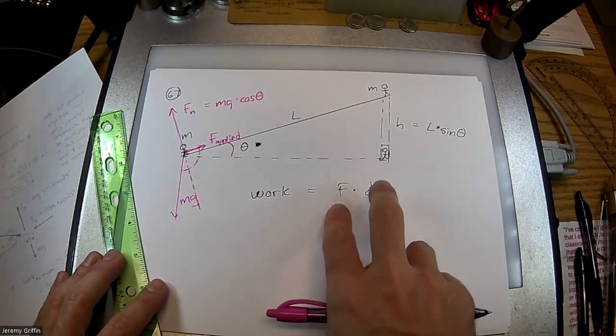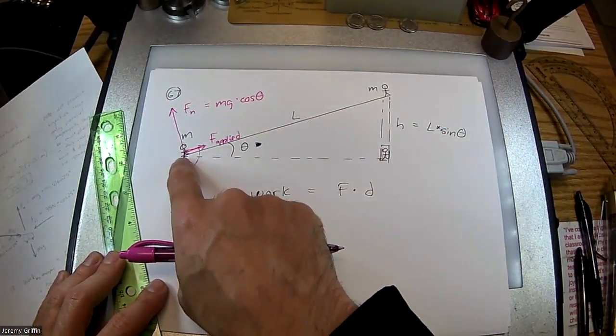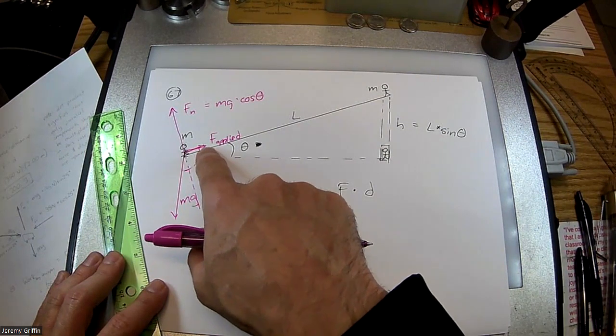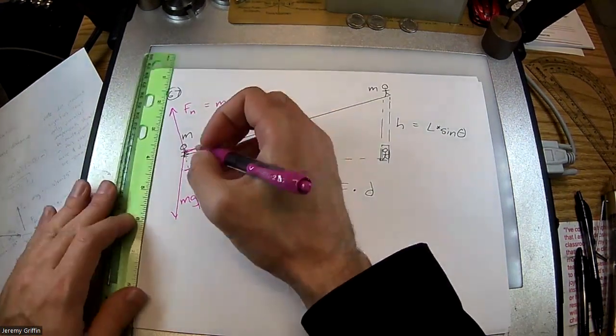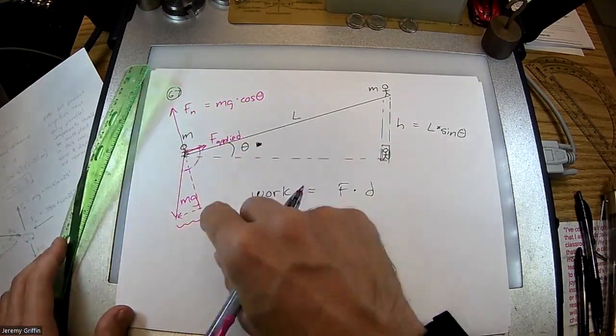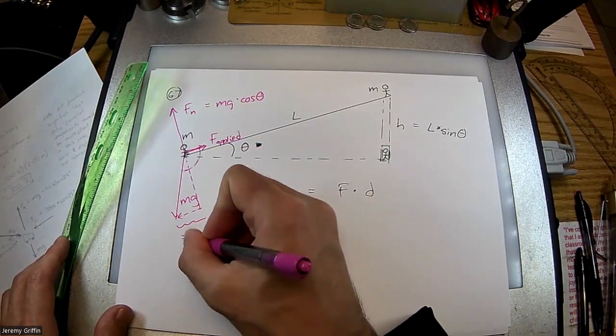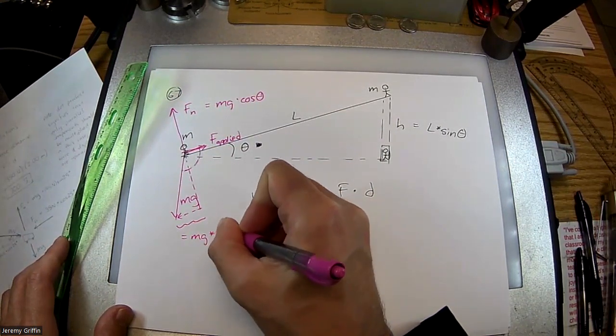So if I do F dot d, here's your distance d. The force you need to apply, isn't that going to be equivalent to mg sine theta? Like this right here would be equivalent to that. Those two would be equivalent, and this one is equal to mg sine theta.